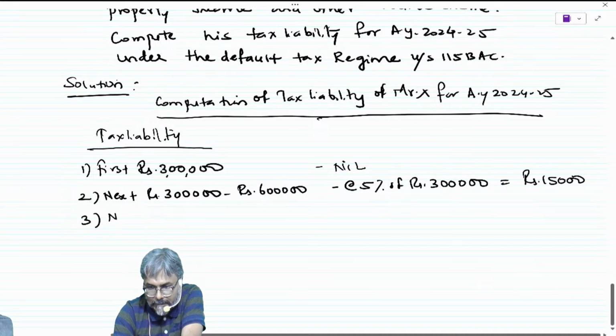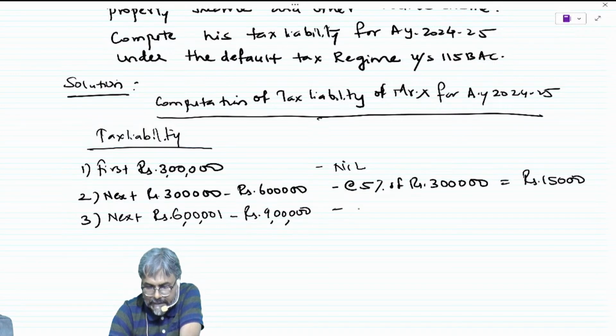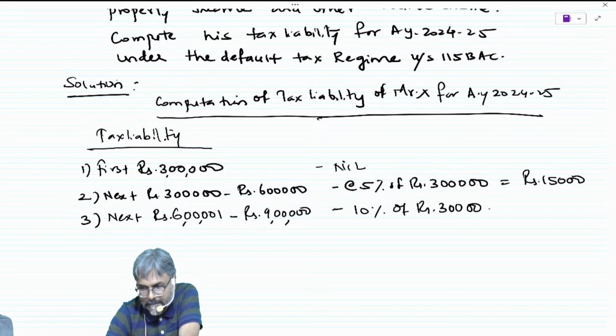Point number 3. Next rupees 6 lakh 1 to rupees 9 lakhs. How much is the rate? 10%. Again, the difference is only 3 lakhs. So that much is how much? 30,000.